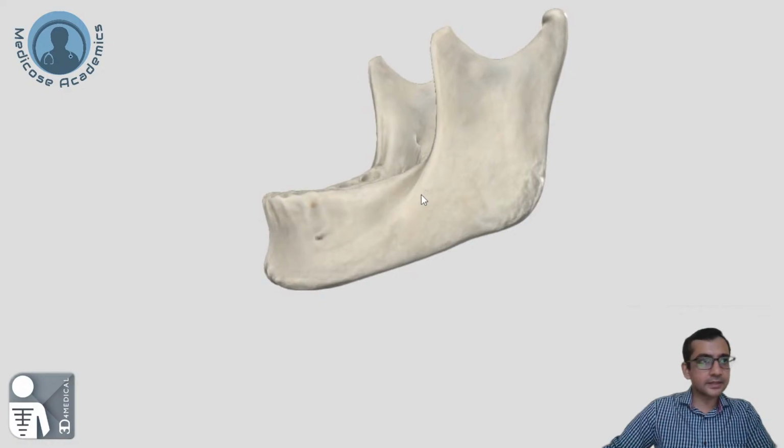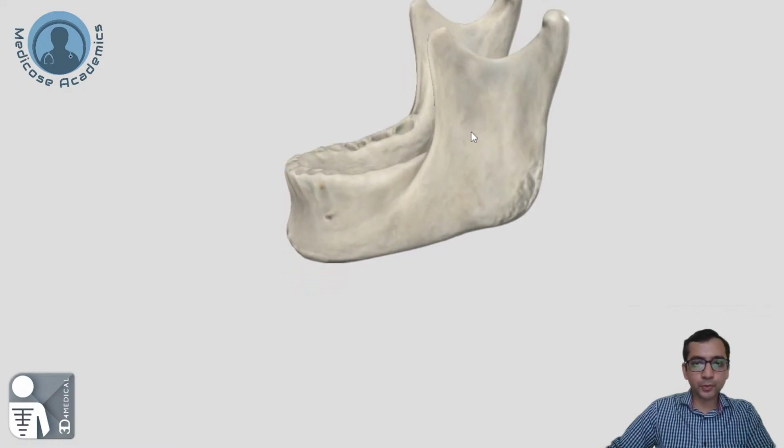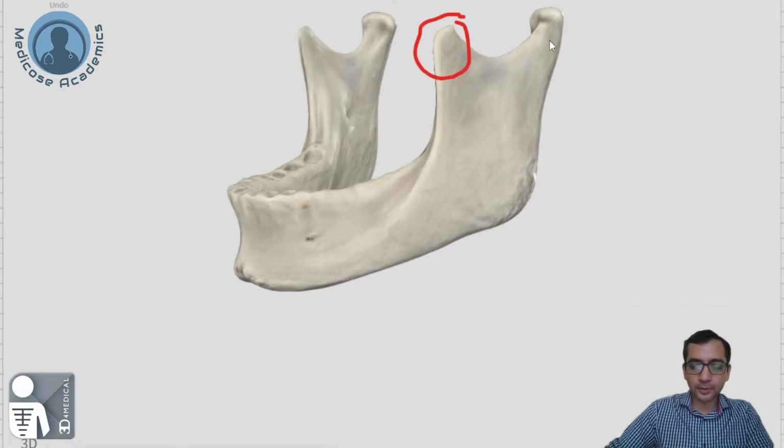So let's see the features. Let's move on to the ramus. In the ramus, there are two processes on the top. There is the process here. This is called the coronoid process. This is called the condylar process. And in between them, this fossa is called the mandibular notch.